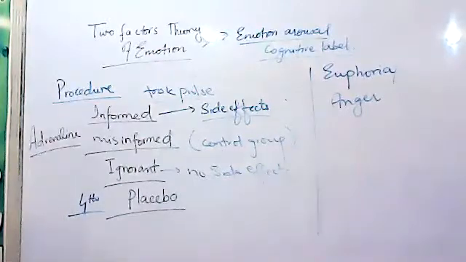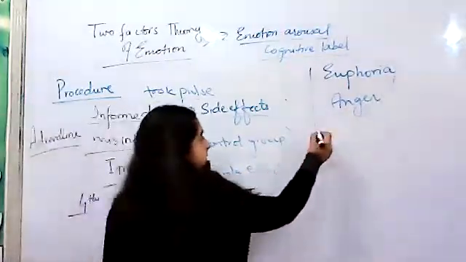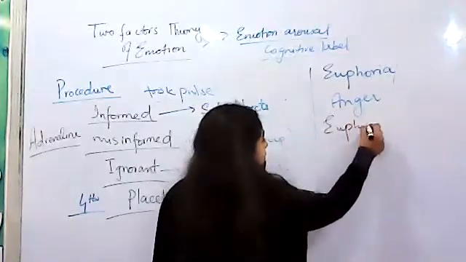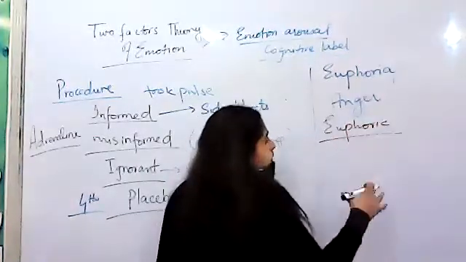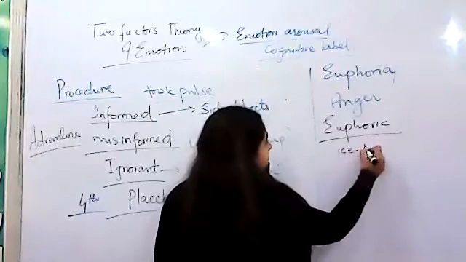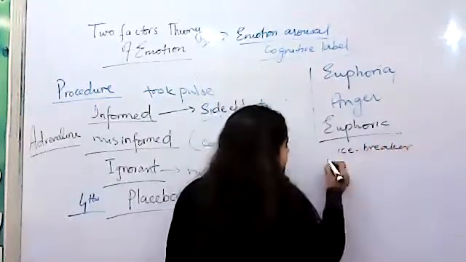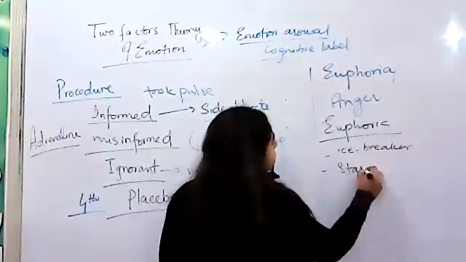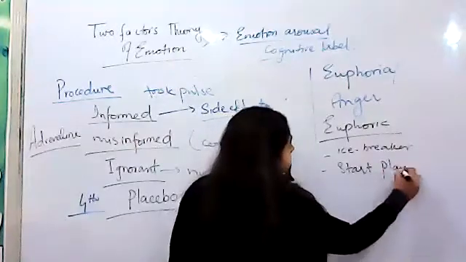And then he left, and as soon as the experimenter left the room, the stooge started introducing himself, and he tried to make some icebreaker comments and begin his routine. This is happening in the euphoric one. Remember this, fine. In the euphoric one, he starts with icebreaker comments, introducing himself, and then starts playing as per his routine.